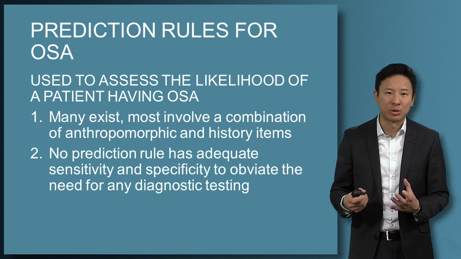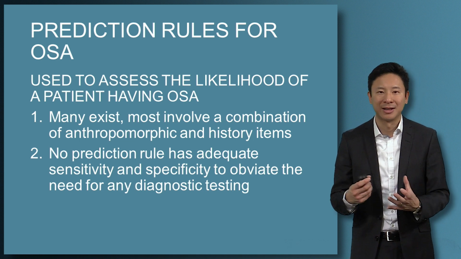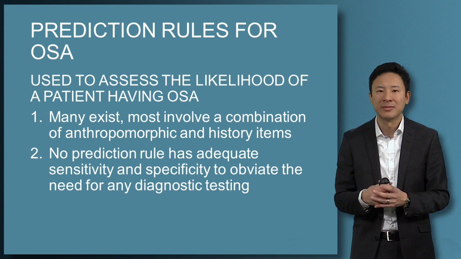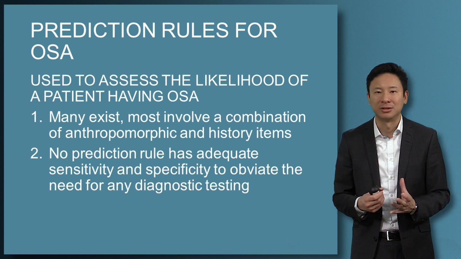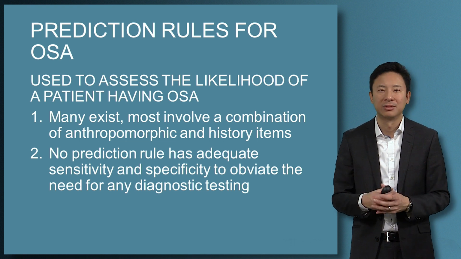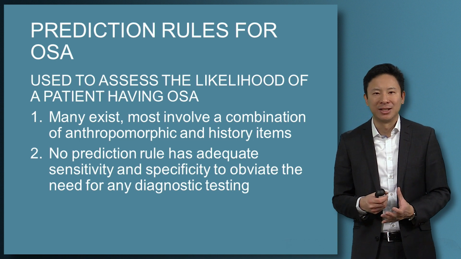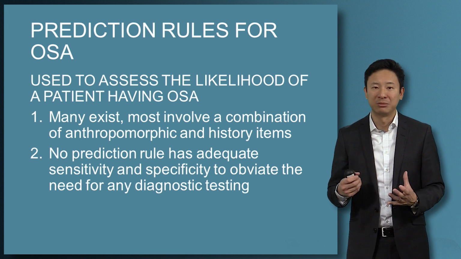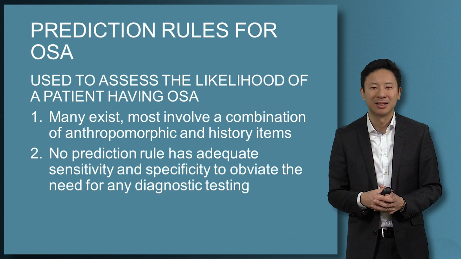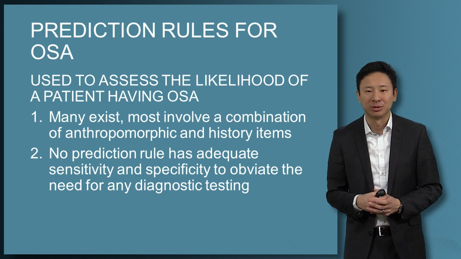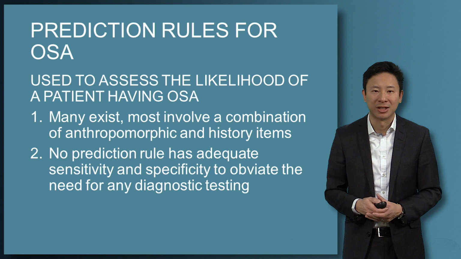Most of them involve some sort of combination of anthropomorphic data, so measurements, and historical items, such as snoring. Unfortunately, no predictive rule has adequate sensitivity and specificity for us to say you don't even need a test. But the prediction rules can help us decide how to prioritize people for testing.